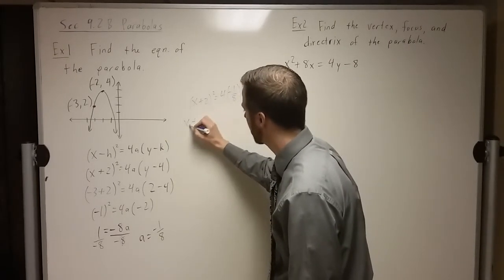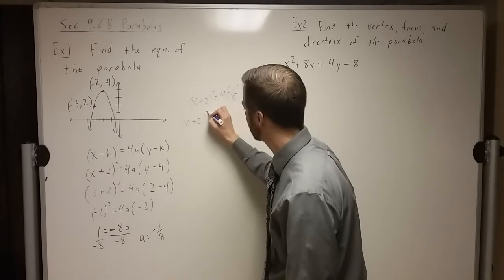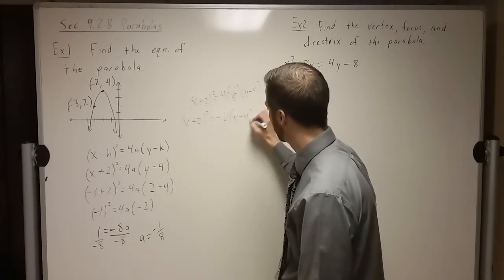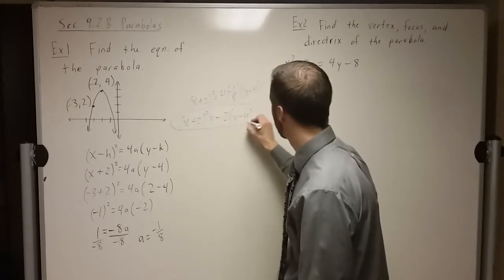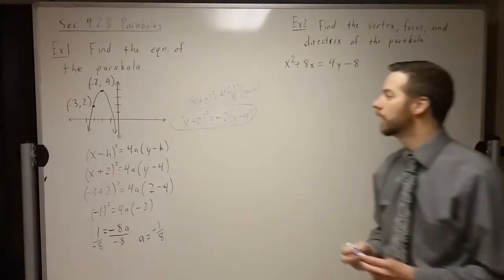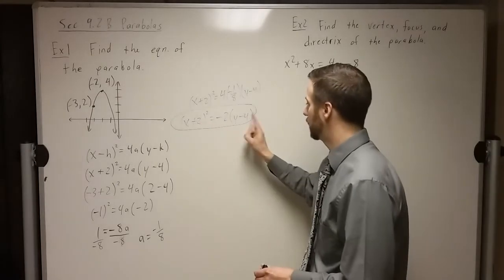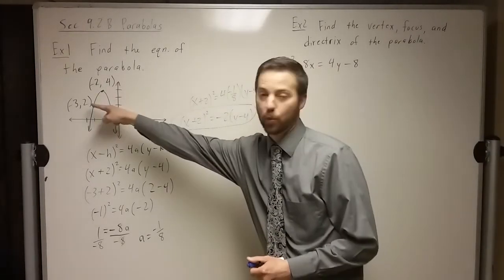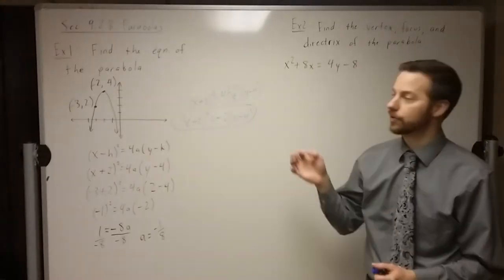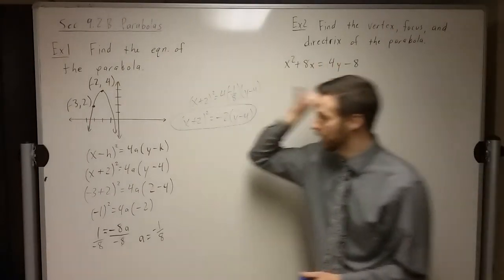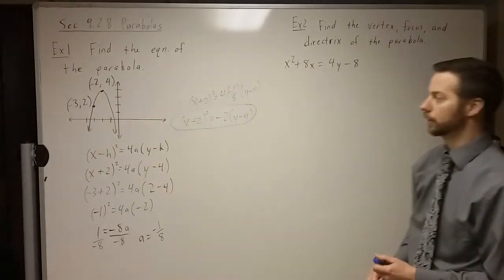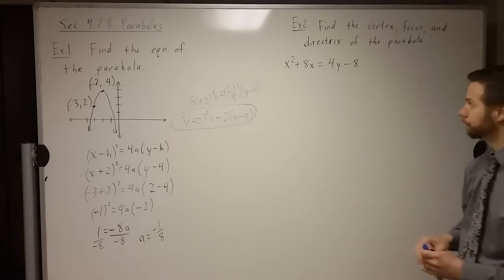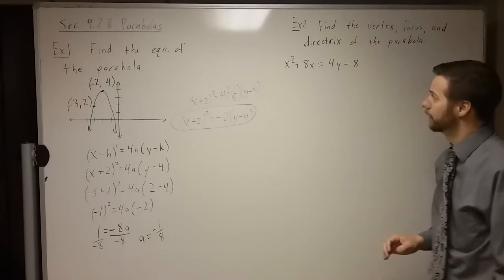So in the end, I've got (x plus 2) squared equals -2 times (y minus 4). There's the equation of that parabola. It has a vertex at (-2, 4), and making a equal -1/8 makes that point work. And so now we've got the equation of the parabola that has everything happening that needs to happen.